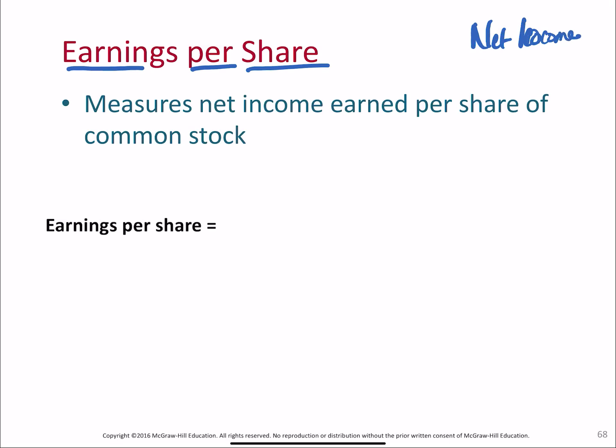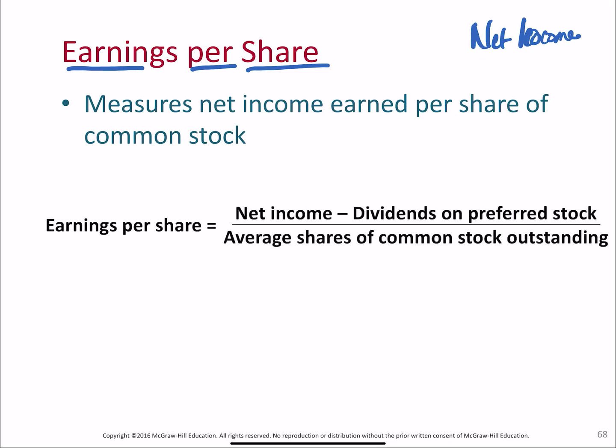Well, that net income is going to mean very different things depending on how many shares of stock are outstanding to each shareholder. So if I have net income, and again, we have to take out any dividends on preferred stock, if I have only 10 shares of common stock outstanding, well, that earnings per share number is going to be much higher than if I have 1 million shares of common stock outstanding.